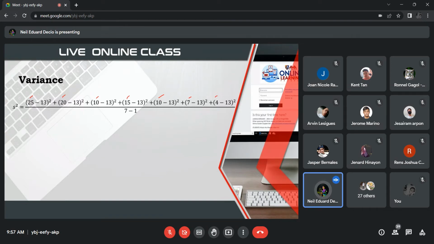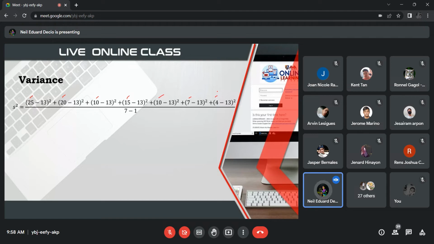And then of course, we square all of them, because that's the formula. And then we have to add all of them. That addition is the summation, right? The formula is the summation of Xi minus X bar squared. So we add all of the Xi minus X bar squared, divided by n minus 1. In this case, our n is just 7, subtracted by 1.